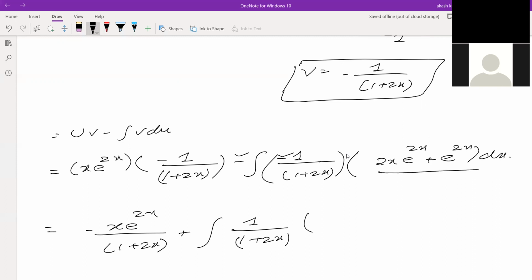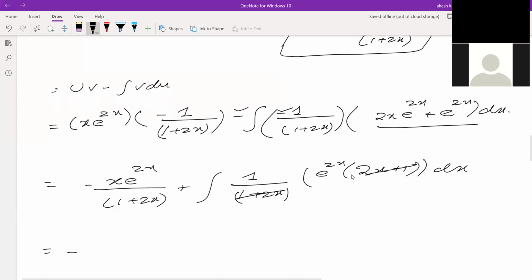Can I take something common from this expression? e^2x can be taken common, and inside is left 2x plus 1. Yes, 2x plus 1 can be cancelled out with 1 plus 2x.